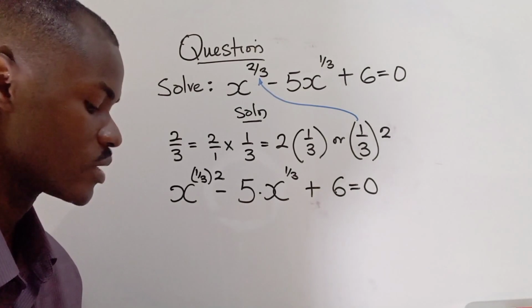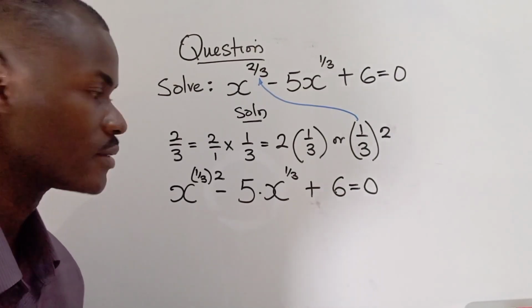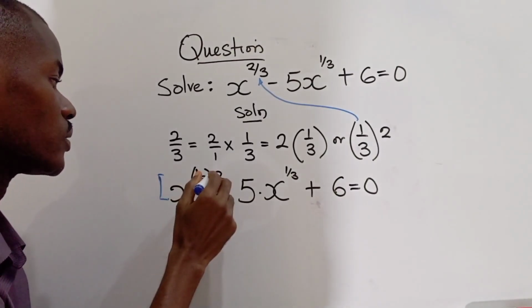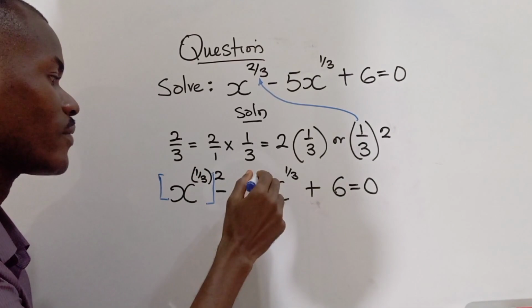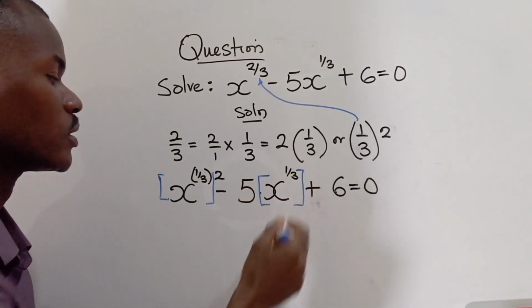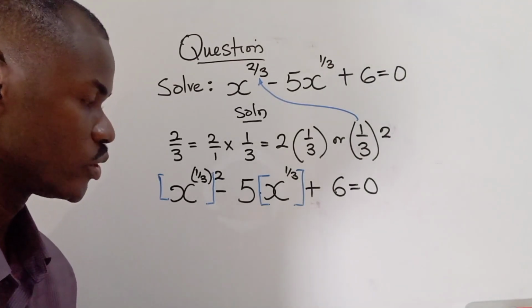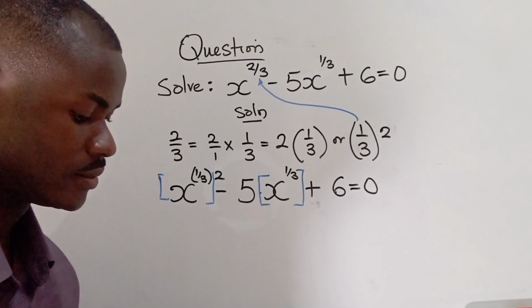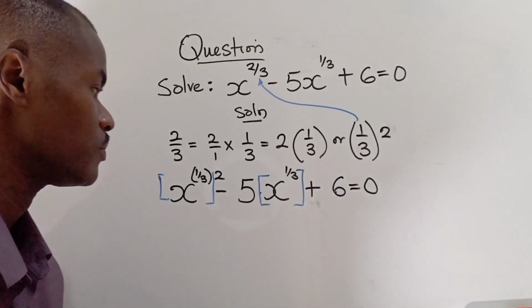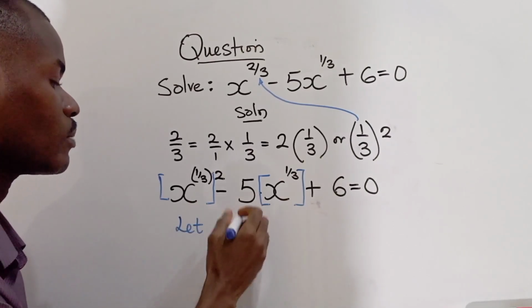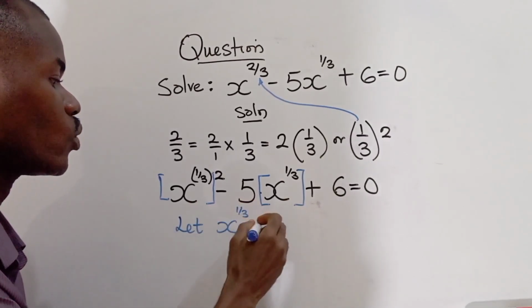Now from this, I think you can recognize something here. We have x to the power of 1 third here and here. So I can decide to change that such that we let x to the power of 1 third be equal to n.